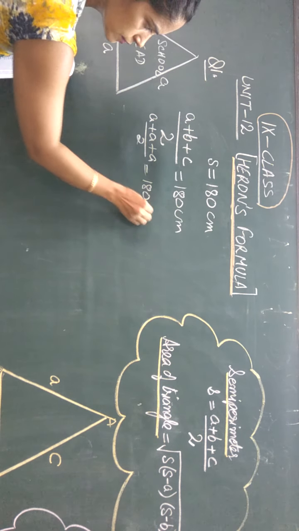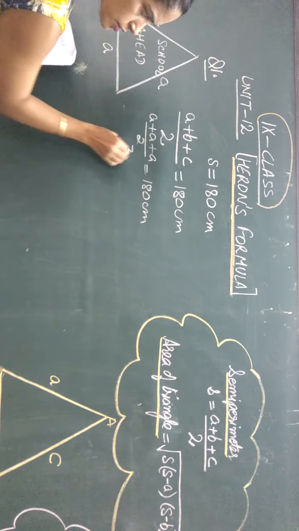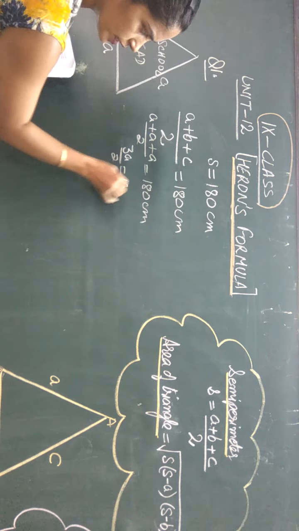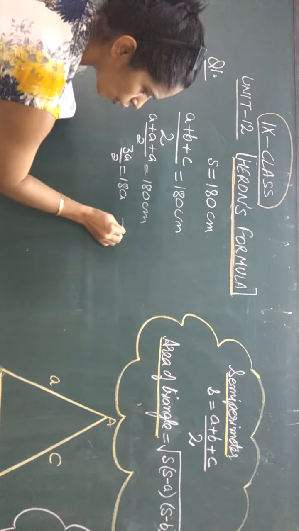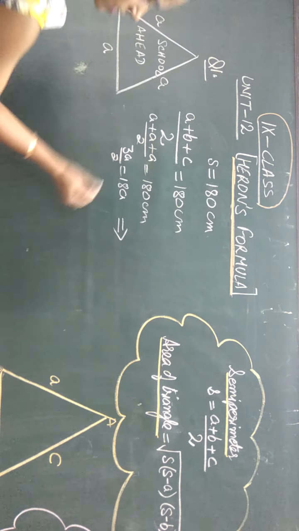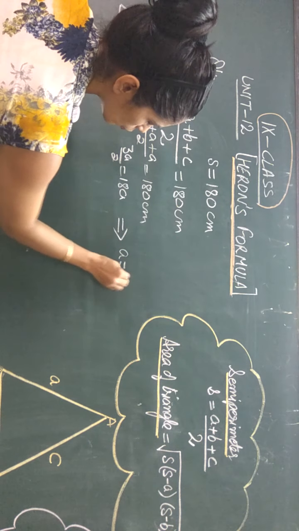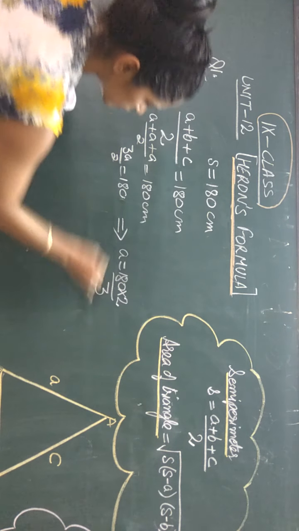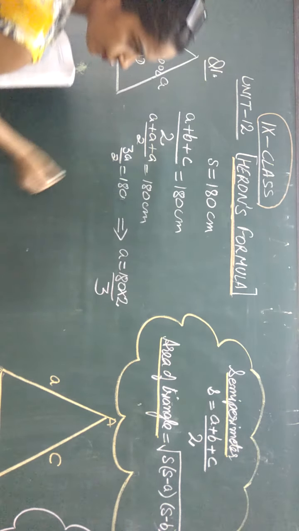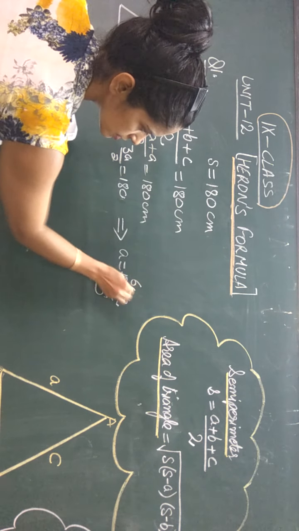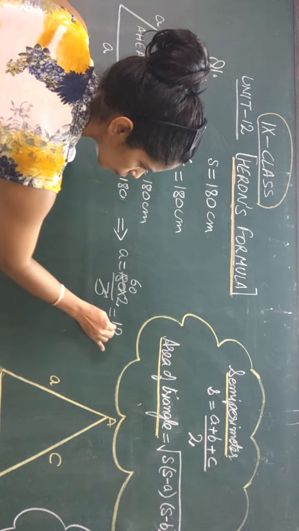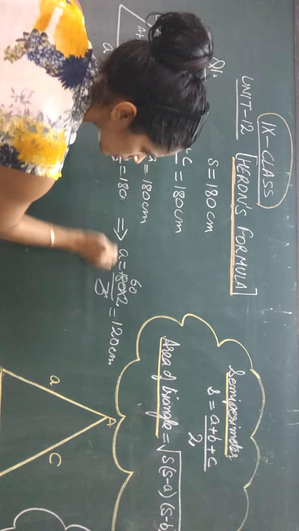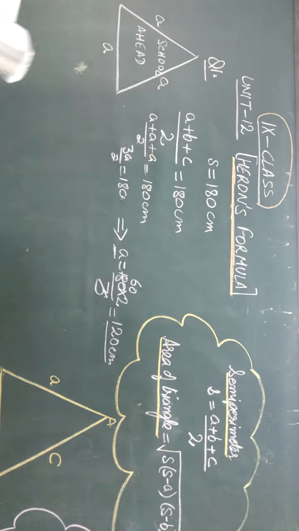All three are like terms. 3a by 2 is equal to 180, and when you cross multiply, you will get the value of a. 180 multiplied by 2 and divided by 3 gives 60 times 2, which is 120 centimeter. That means now we have the side equal to 120 centimeter.